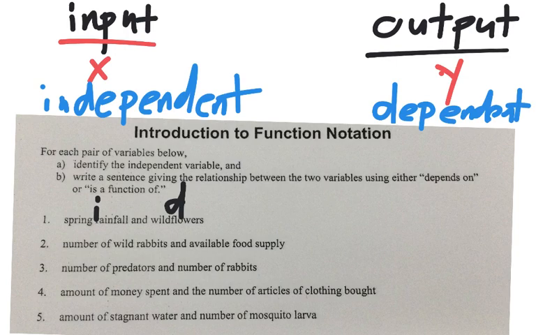And then the sentence that I just said out loud that gives the relationship is what I want you to write underneath it or beside it, wherever you can. If you want to use another piece of paper, you can do that as well.